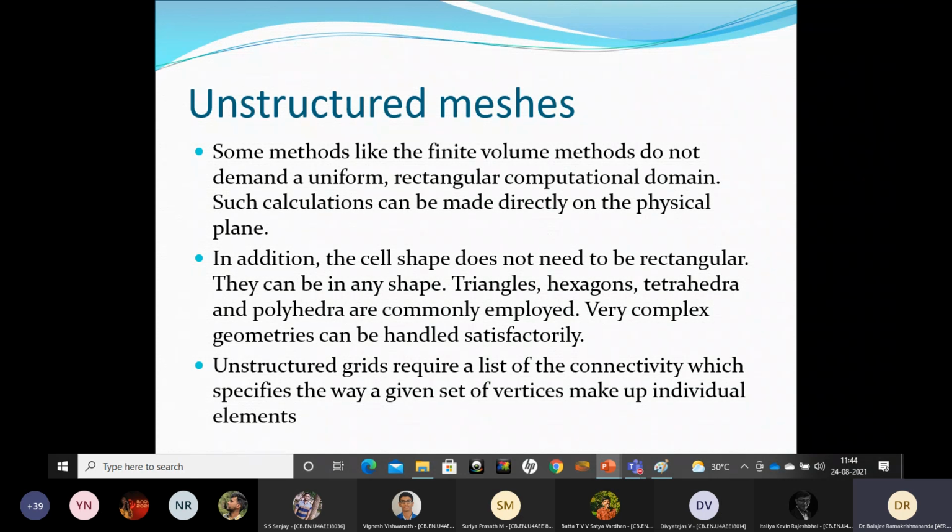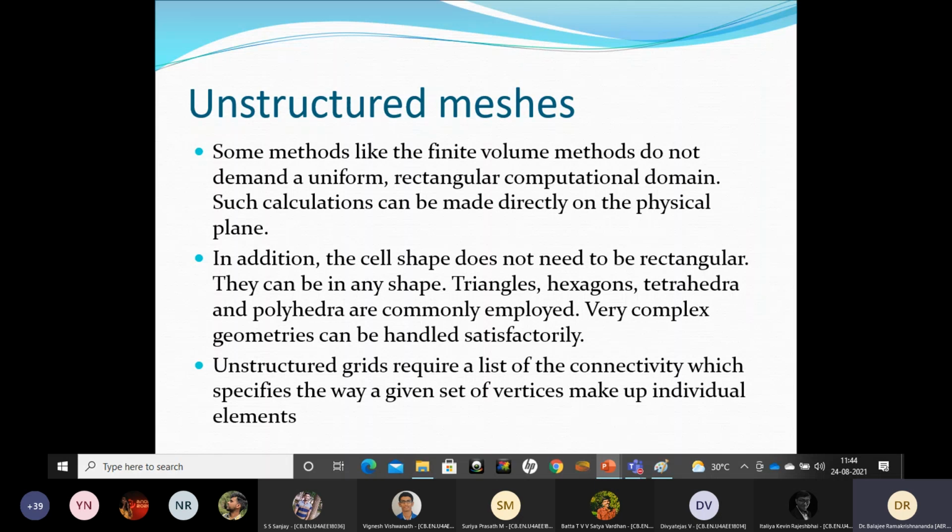You have to keep track of those things if you want to go for shapes other than rectangular. So these can be triangles, hexagons, tetrahedra, polyhedra, if you use methods like finite volume. We'll see what finite volume is towards the end of the course. Let's presently assume there are some methods in which you don't need this I comma j order at all.